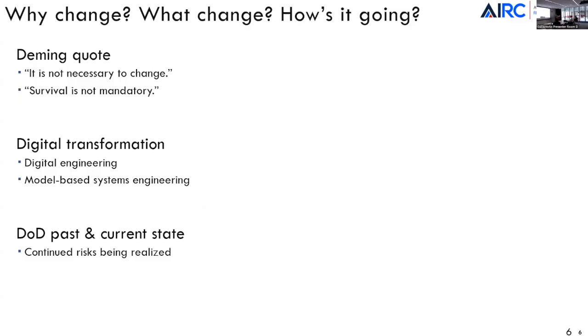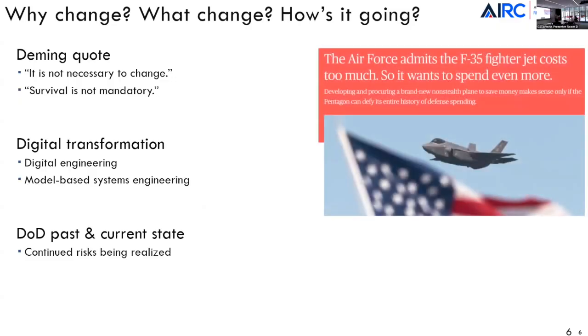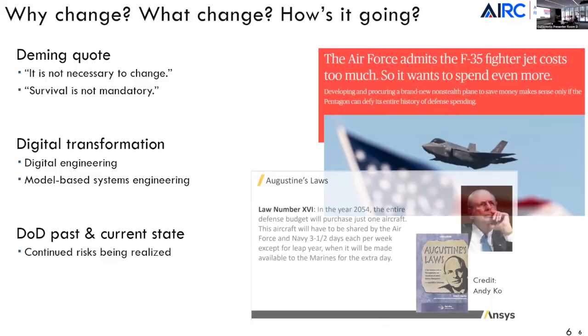So with digital transformation, and examples being digital engineering and model-based systems engineering, those are really part of the technology. And so we're continuing to see within DoD these realized risks, like the F-35. And I use this one from Augustine, and if you've ever read this book, Augustine's Law, it's kind of interesting.